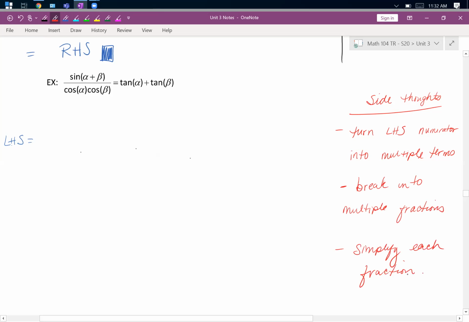We can use our sine sum formula. This turns our numerator into sine of alpha cosine of beta plus cosine of alpha sine of beta.